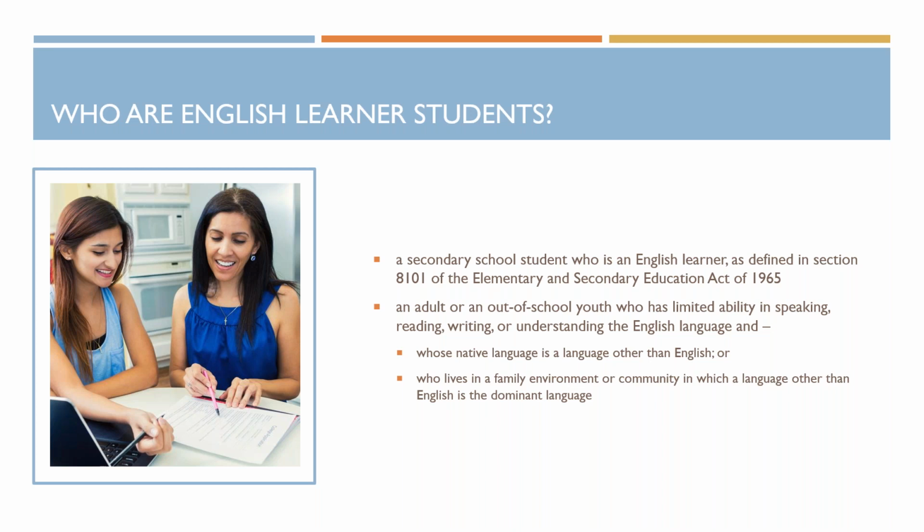But for Perkins V, it's defined as an adult or an out-of-school youth who has limited ability in speaking, reading, writing, or understanding the English language. This is an individual whose native language is a language other than English, or who lives in a family environment or community in which a language other than English is the dominant language.